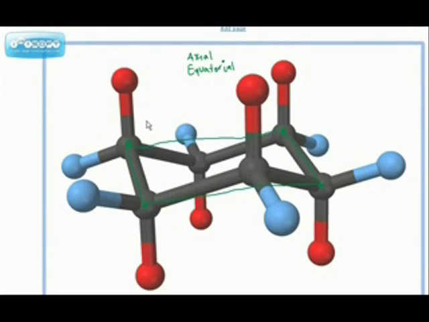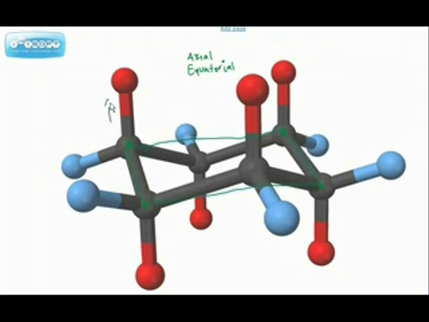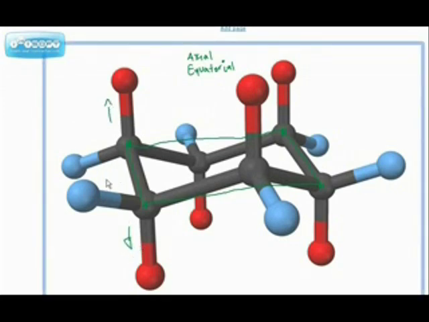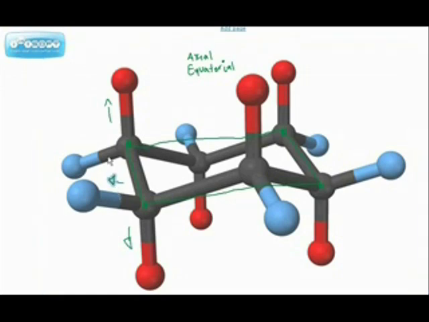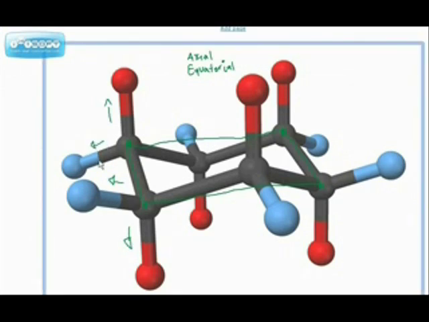Basically, looking at this plane inside this molecule, we can identify hydrogens based off whether they're shooting straight up or straight down away from this plane, or we can identify them based on whether they are jutting upwards in a slant like these blue hydrogens are, or downwards in a slant like these other blue hydrogens are.